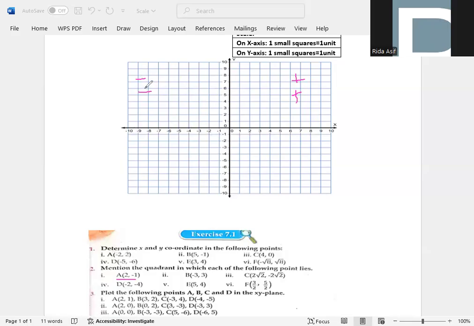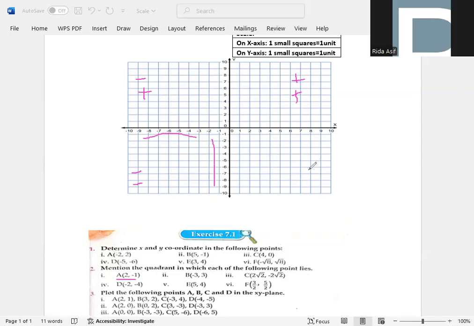Here x-axis is negative and y-axis is positive, right? In the third quadrant, x-axis is negative as we can see, and y-axis is also negative. Look again, here x-axis is negative and y-axis is negative. So this quadrant contains both values negative. The first quadrant contains both values positive. The second quadrant contains only negative values of x-axis and positive values of y-axis.